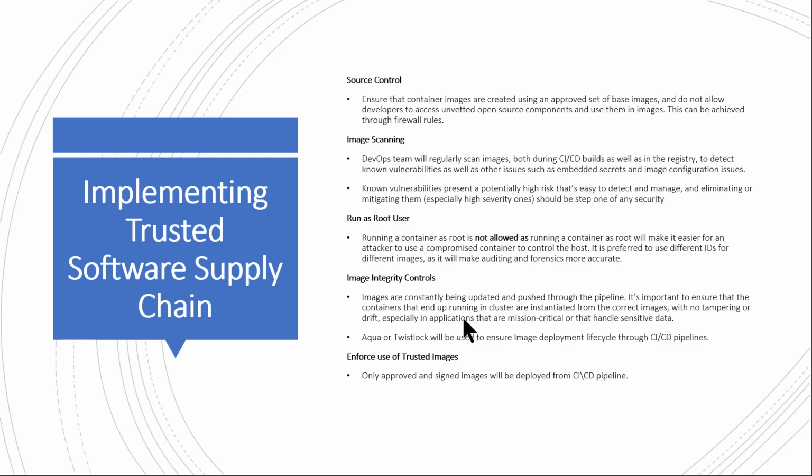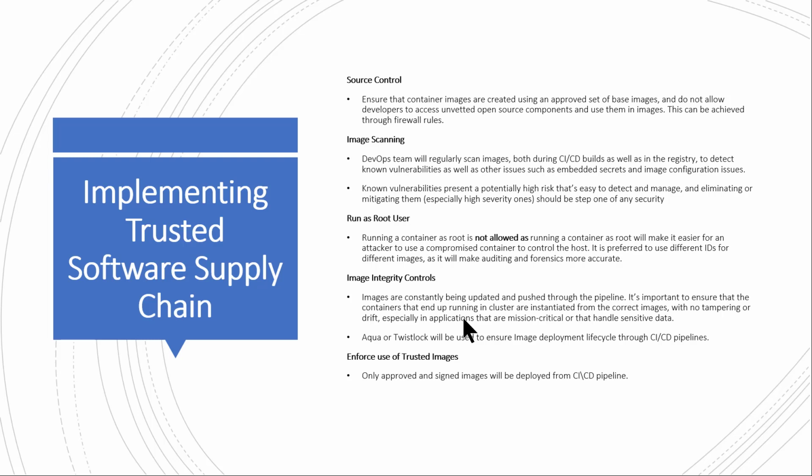GitHub is one of them. Do you want any developer to pull any images from third-party resources or GitHub and push them into your AKS? Perhaps not, right? So your DevOps process has to define what that source control is, where the actual repository of those codes or images is that you need to pull from.